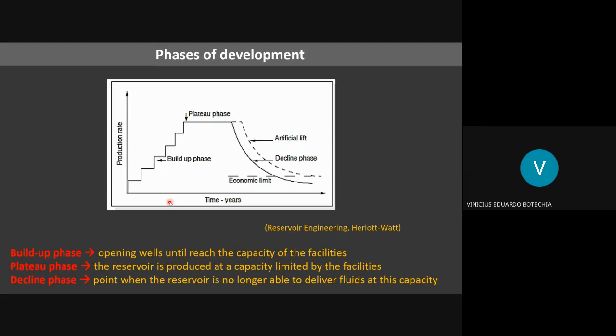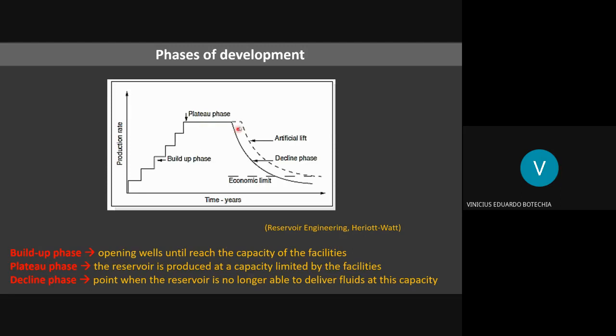But in general, we have a schedule of well drilling and well opening, and a build-up phase with this kind of form when wells are opening along the time, right? Then when the production of the wells reaches a plateau, you have the plateau phase. So the reservoir is producing at this time at the capacity limited by the facilities.